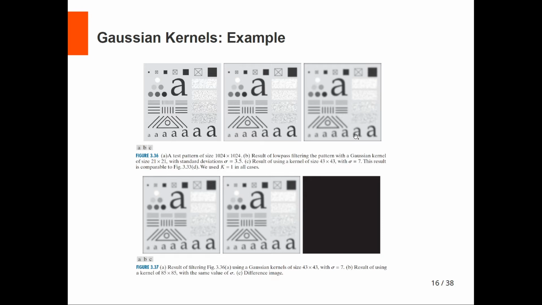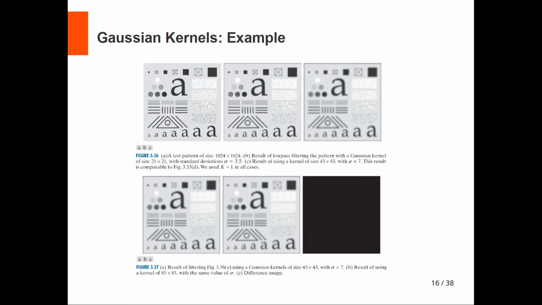As you can see, as we increase the value of sigma and consequently the size of the kernel, we have much more blurring. And one other thing to notice is that this blurring is much more uniform in all directions, unlike the box filter, which was giving preference to edges or features that are in the perpendicular direction.